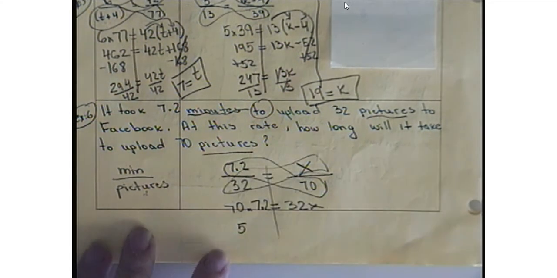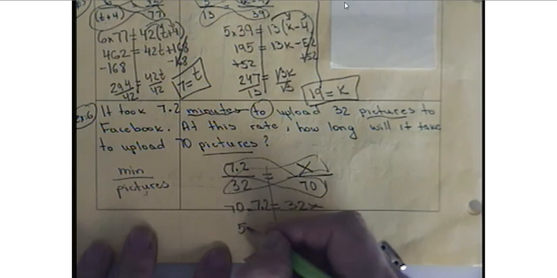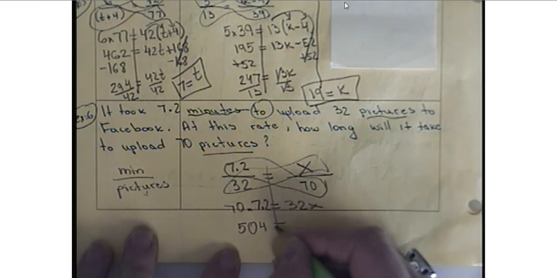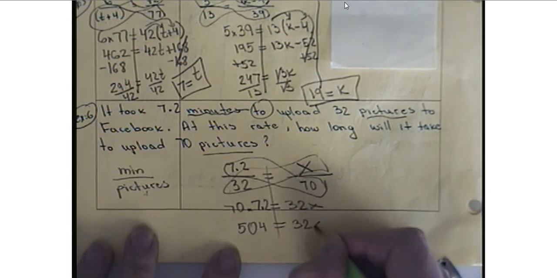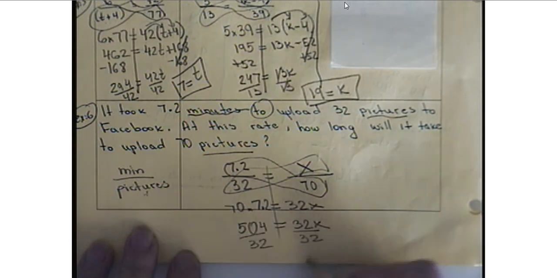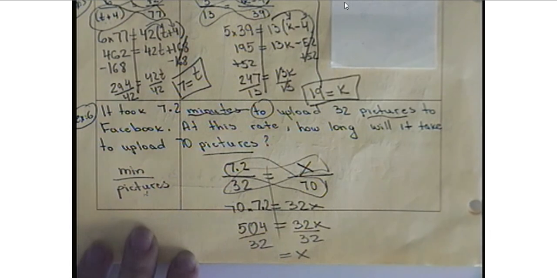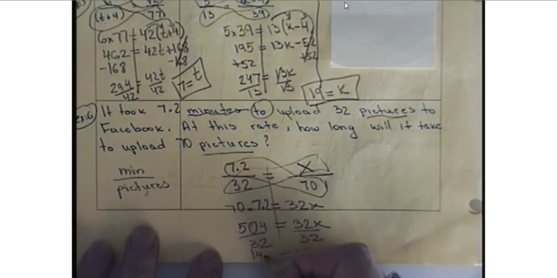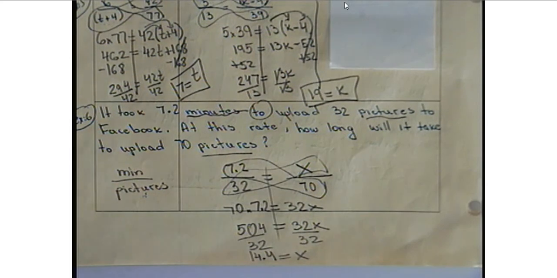Oops, sorry, no, I am writing something wrong. 70 times 7.2 is 504 equals 32x. Final step, divide by 32. So divided by 32, this will give us 14.4. So 14.4 minutes it's going to take if you want to upload 70 pictures.